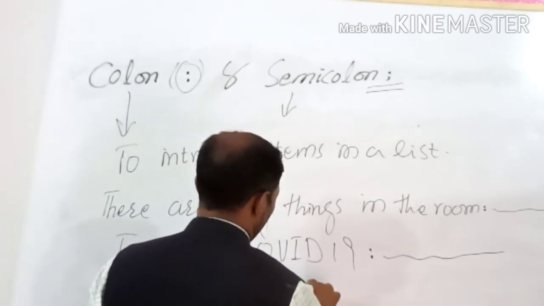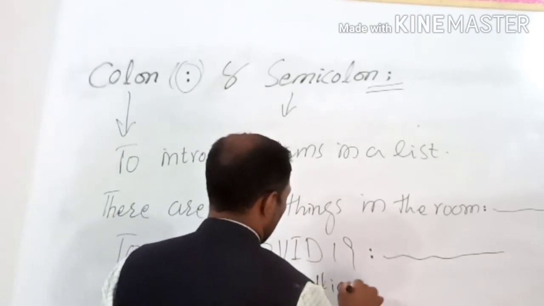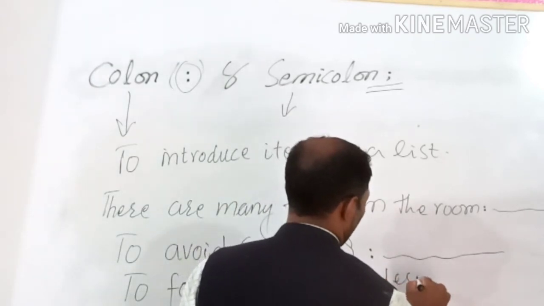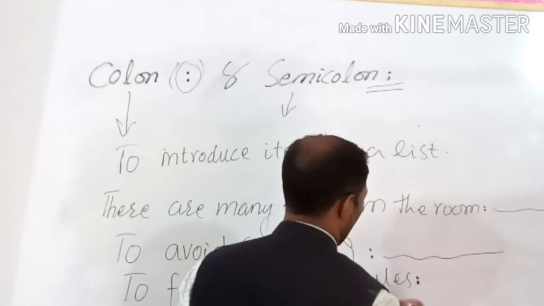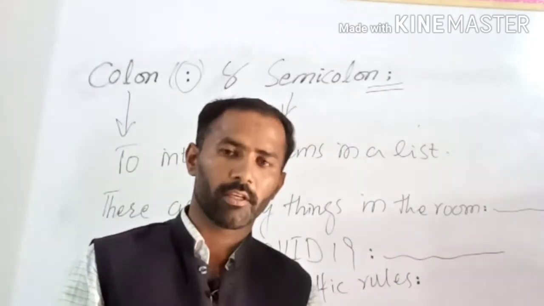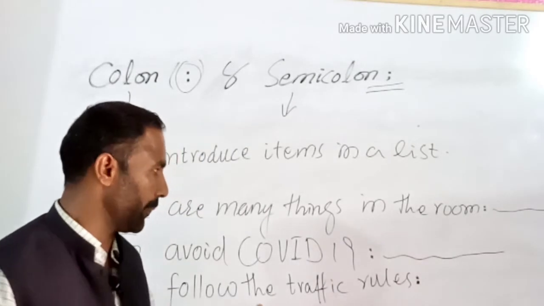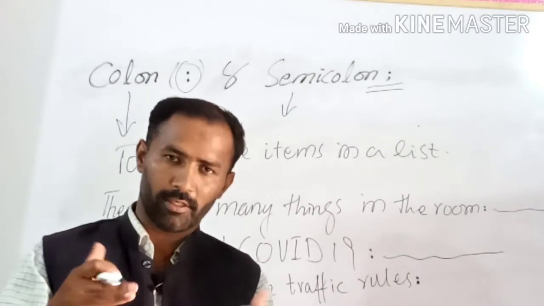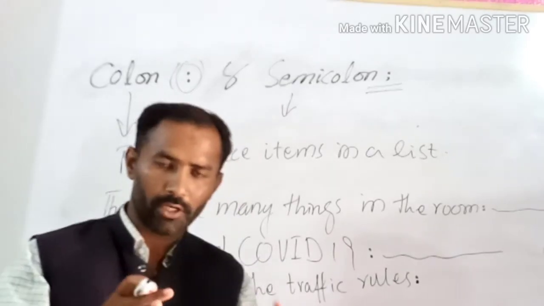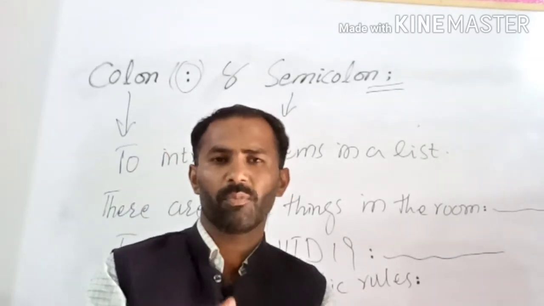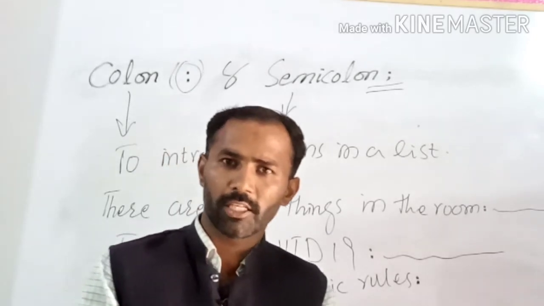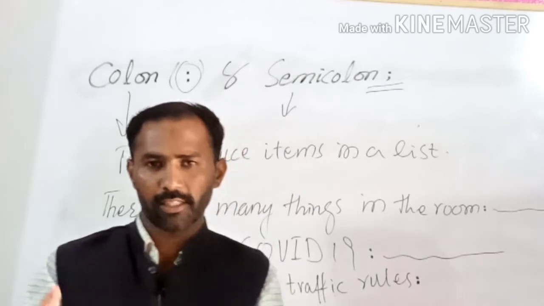We can say when you are driving your car, your bike, follow the traffic rules: don't use your mobile, wear your seat belt, and keep your eyes on the road.